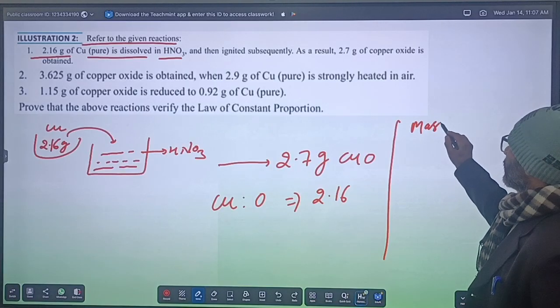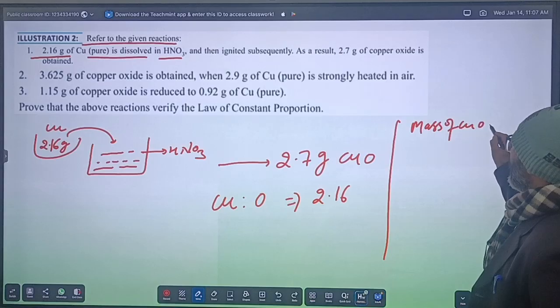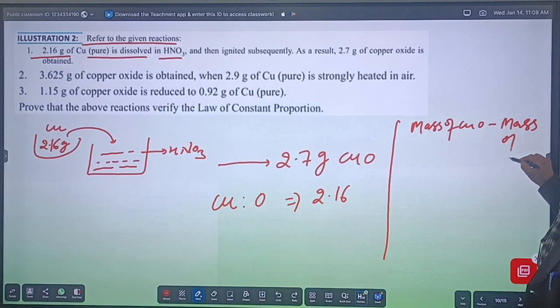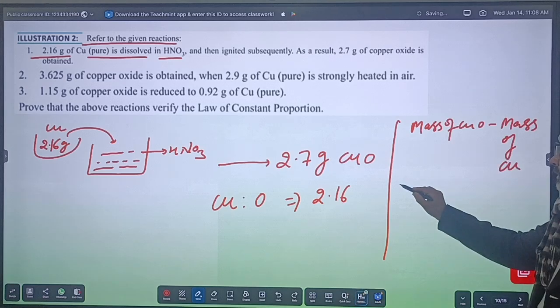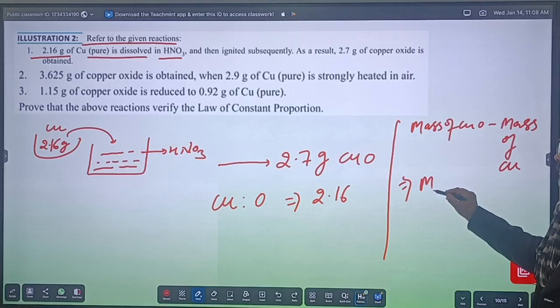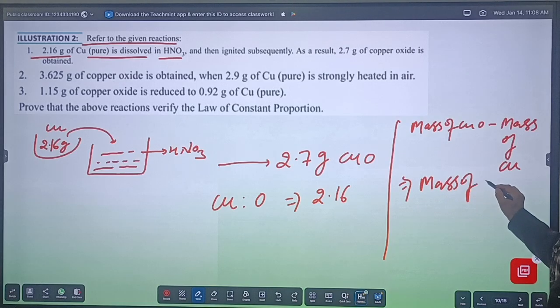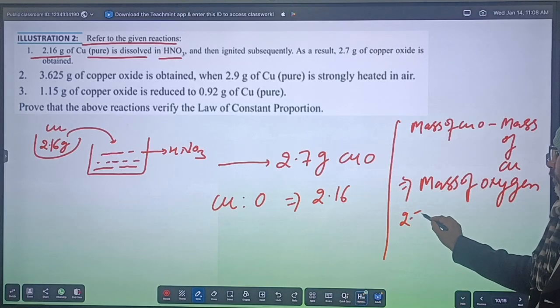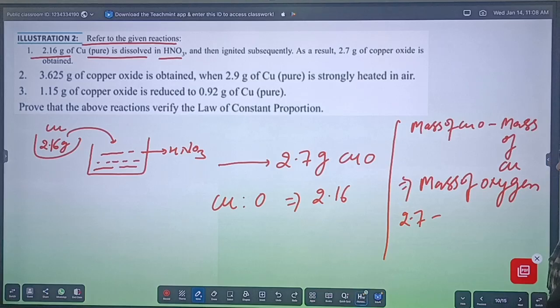Mass of oxygen is equal to mass of copper oxide minus mass of copper. So the mass of copper oxide is 2.7 minus 2.16.